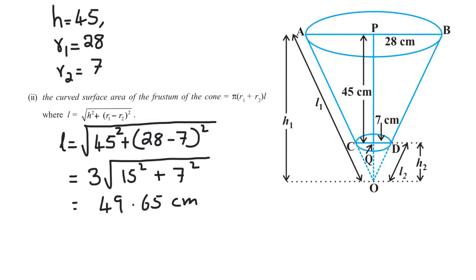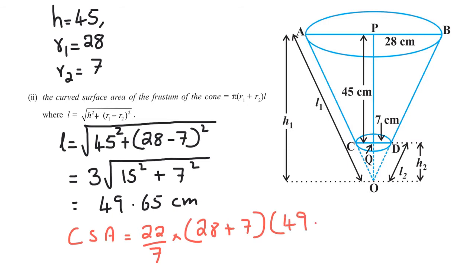We can easily plug L into the formula of the curved surface area and find the answer. The curved surface area is going to be pi, 22/7, times (r1 plus r2), 28 plus 7, times L. We just found L, which is 49.65.